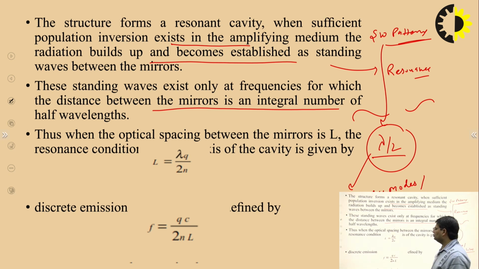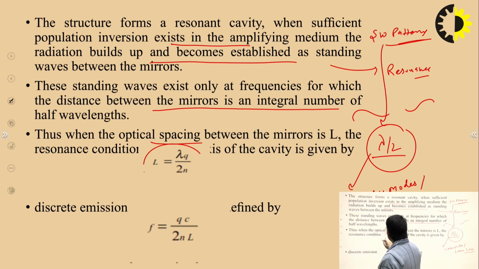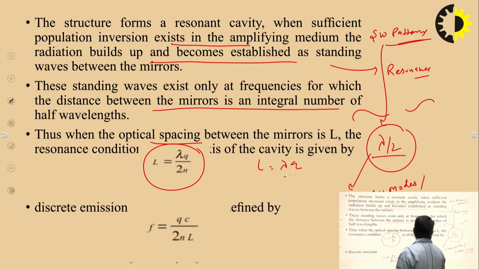At resonance condition we have the relation L equal to lambda q by 2n.